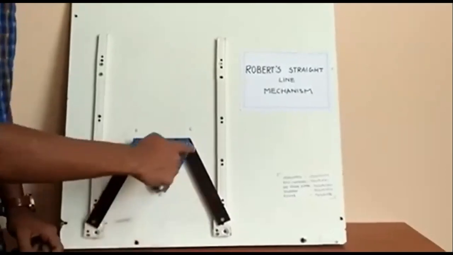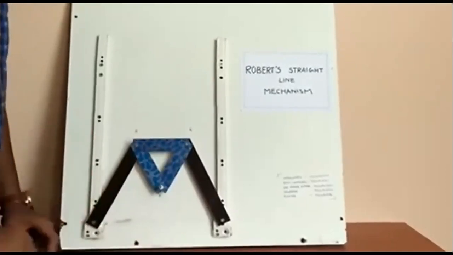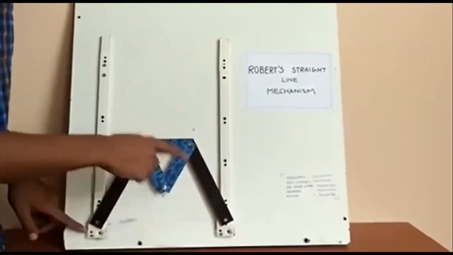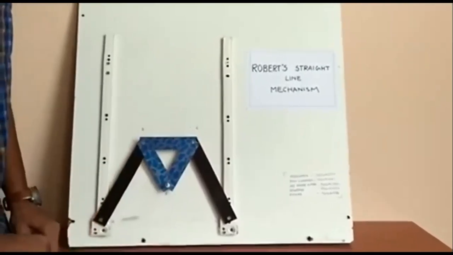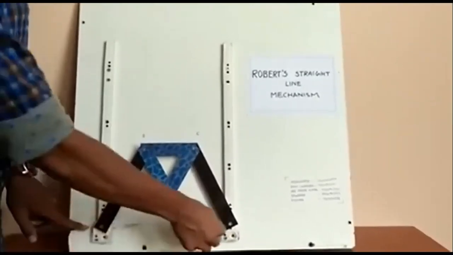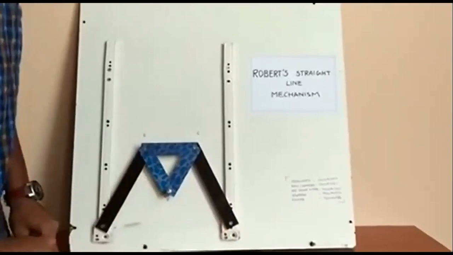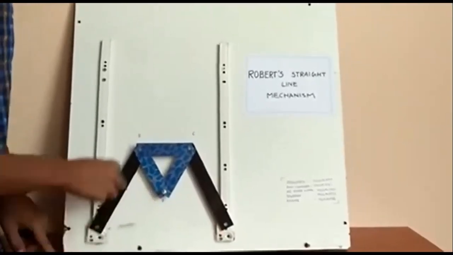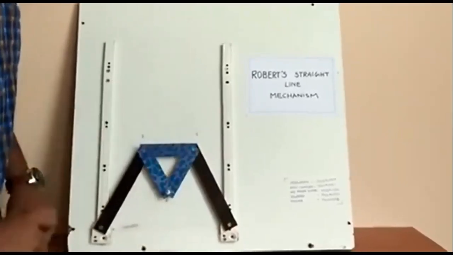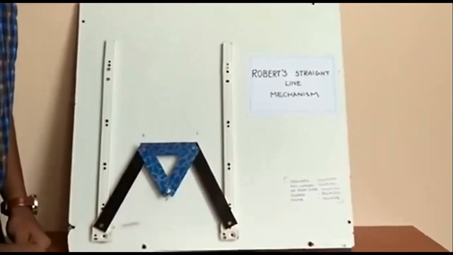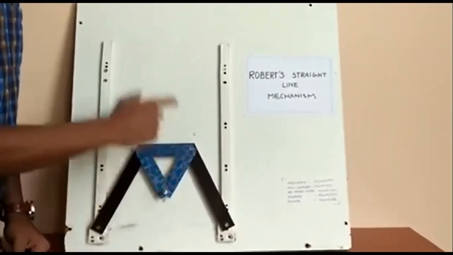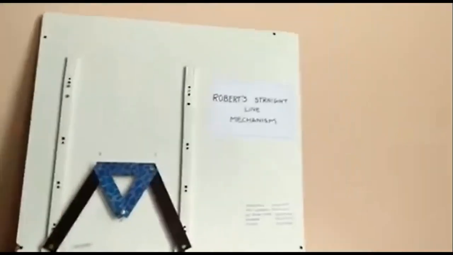So that forms the straight line there. So that is the straight line with the link Q. That is the link Q which is fixed, and the straight line formed is parallel to the baseline, the base points, that is the fixed points O1.